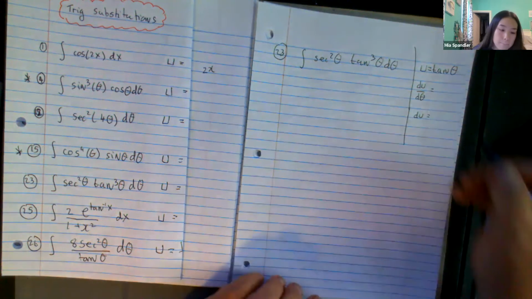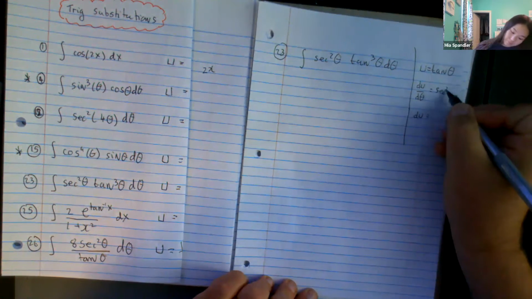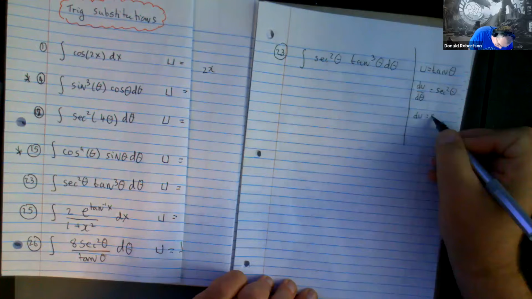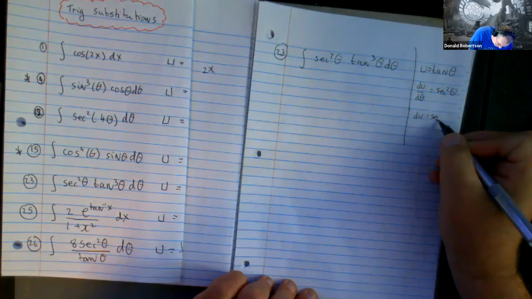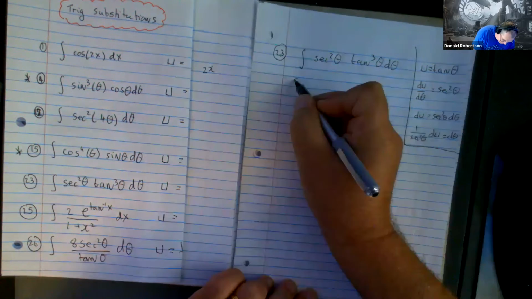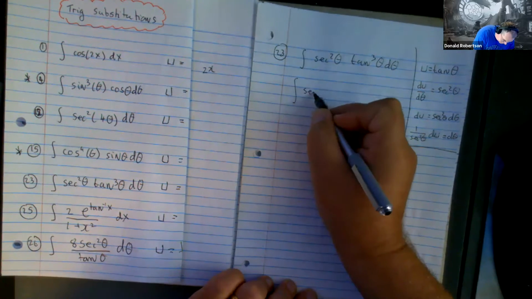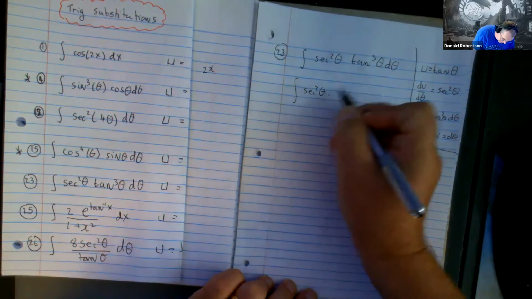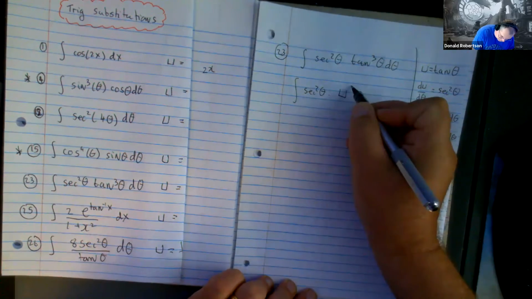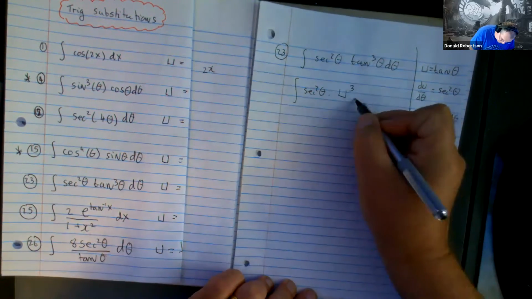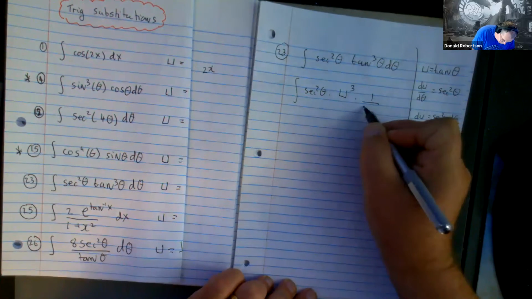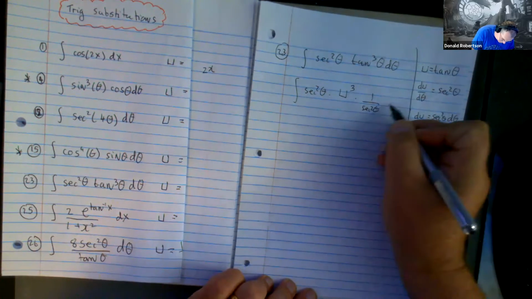It is. So when you do the crossover, you get that. And then when you divide both sides, you isolate the d theta. So this guy becomes secant squared theta, this guy, tan theta, becomes u cubed, and the d theta becomes 1 over secant squared theta du.